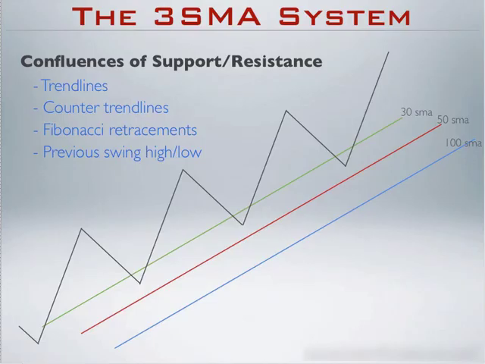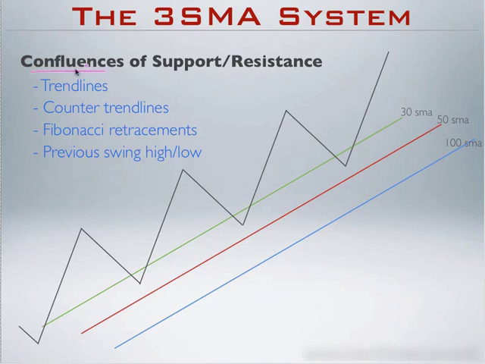Now, so far, throughout the last few videos, we've established that we want to search for bounces off the dynamic area of support and resistance, in order to hopefully ride price for a whole new swing in the direction of the trend. Now we are implementing a whole new element: confluences.